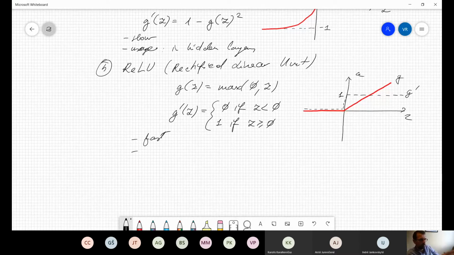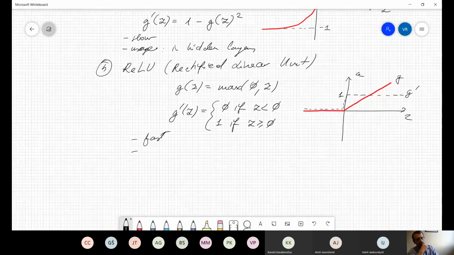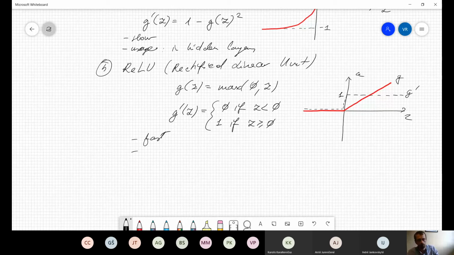So the network becomes a network of gates, on and off, on and off. And this appears to work very well. You have an on-off network, and it gives the network so-called sparsity: neurons get switched on and off under certain conditions based on the input. It is very convenient.